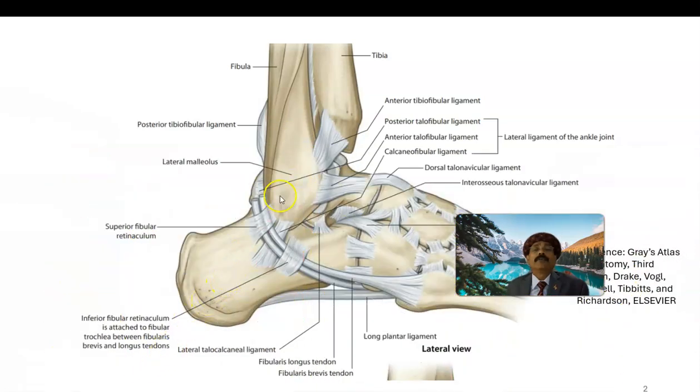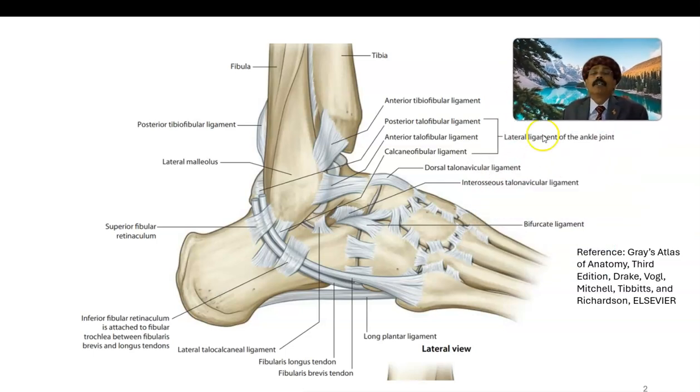So if we go to that anterior talofibular ligament, this is the anterior talofibular ligament. This is the fibula, the lateral malleolus. This is the talus bone. This ligament is prone to get injured, particularly in case of inversion of the foot.